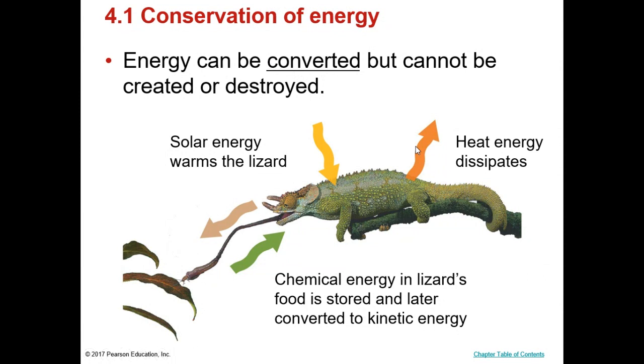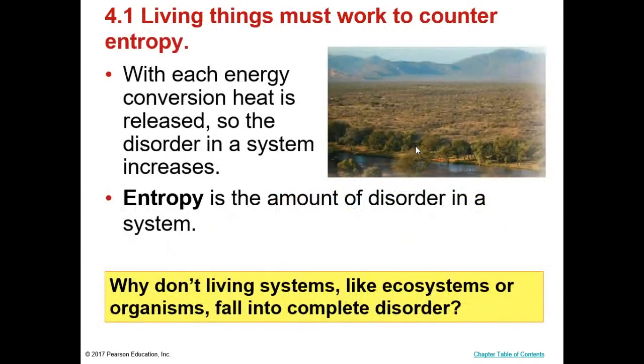Same thing with plants. Plants utilize radiation, UV radiation and sunlight, and any type of light for that matter, to convert that light into usable ATP that the plant can use to survive and do the work that it does.